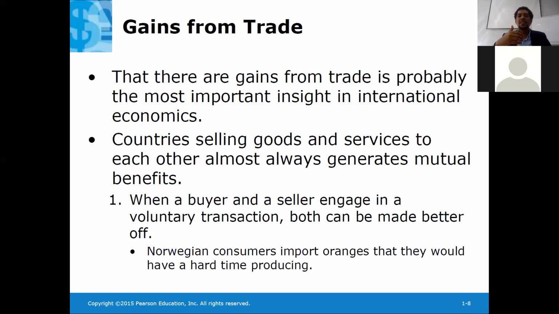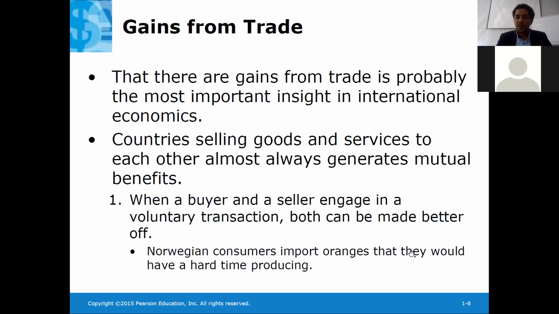So there are gains from trade. The concept that there are gains from trade is probably the most important insight in international trade and international economics. We have also said that international trade is a factor for growth and development for a country these days. Countries selling goods and services to each other almost always generates mutual benefit.